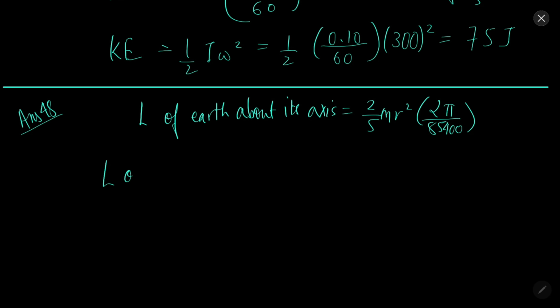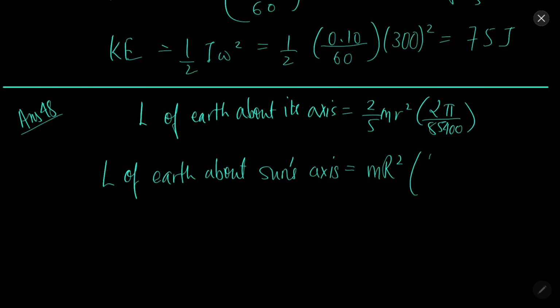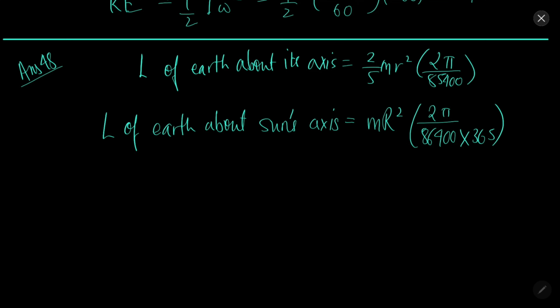And the angular momentum of Earth about the Sun's axis is mr square into 2 pi over 86400 into 365.